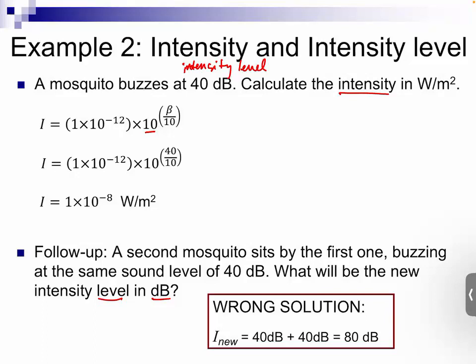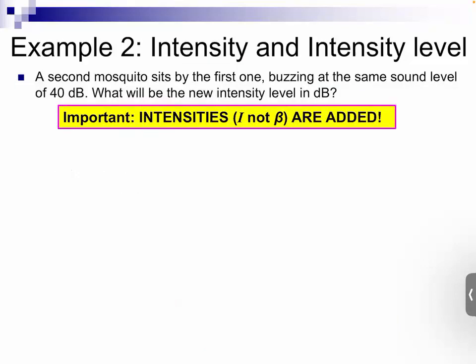You cannot add intensity levels because intensity levels are logarithmic, and if you're dealing with logarithms, you don't just simply add them. What we can add are intensities. You can add watts per meter squared, but you cannot add decibels. In the same way, you can subtract intensities, but you cannot subtract intensity levels.